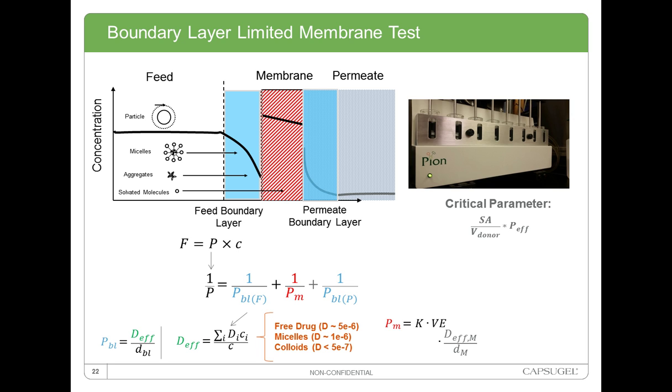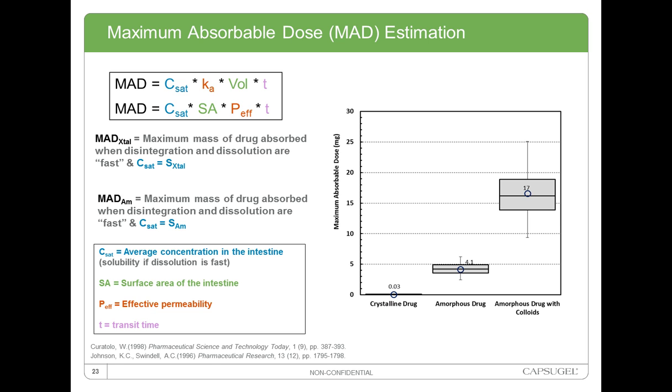In cases where the membrane is limiting, there are a few key parameters, but in the in vitro test, one of the key parameters here is how well the drug partitions into the membrane, tending to be better in the cases when we have more highly lipophilic compounds that partition into a lipid membrane better.